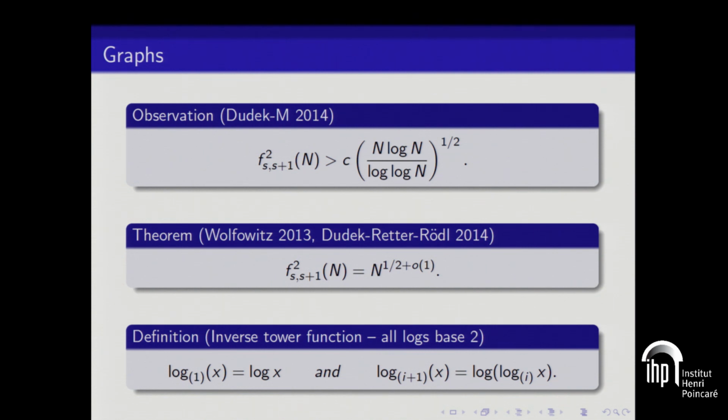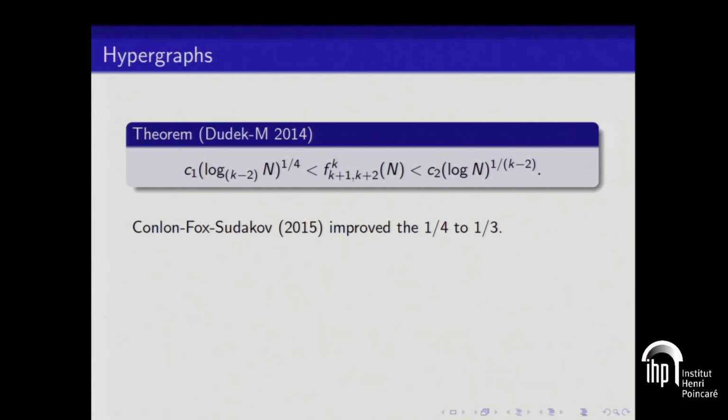And so we said, well, what happens for hypergraphs? Well, the numbers change, so you need to define the iterated log function, as I have done. And for the same question for hypergraphs, Dudek and I showed an upper bound of log n to an exponent and a lower bound that was much smaller.